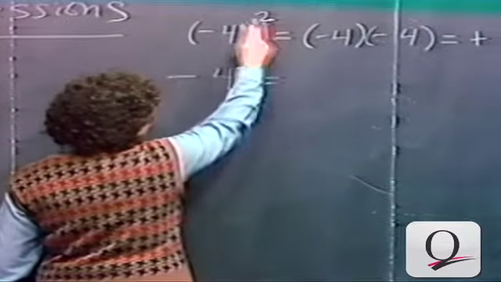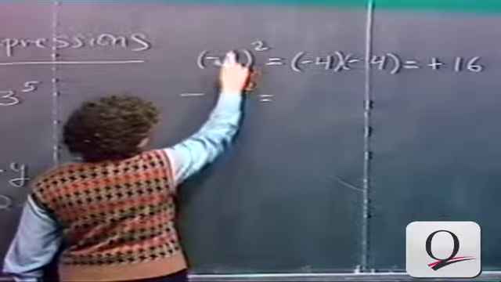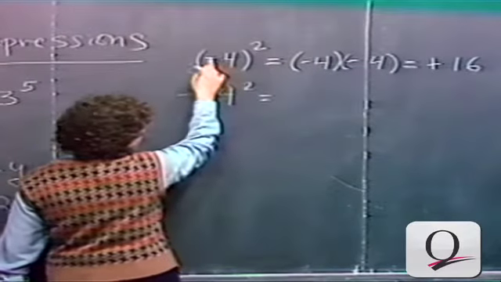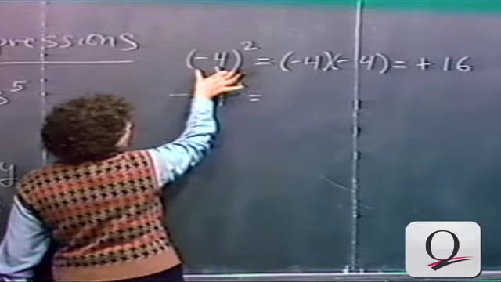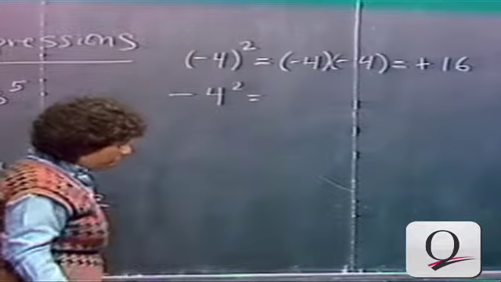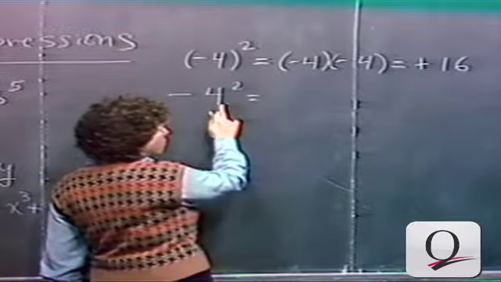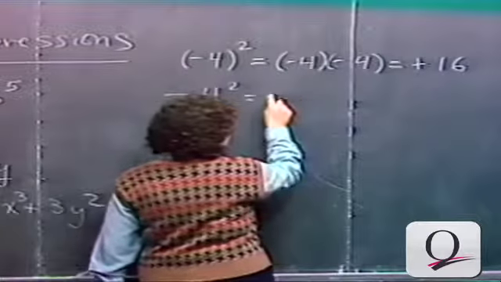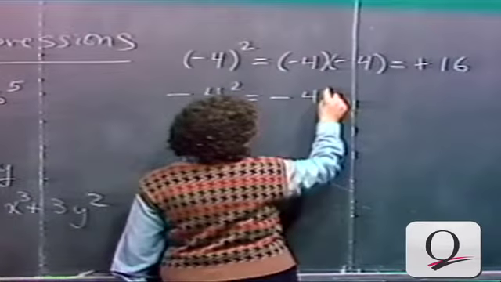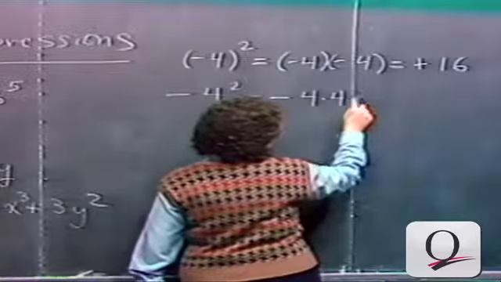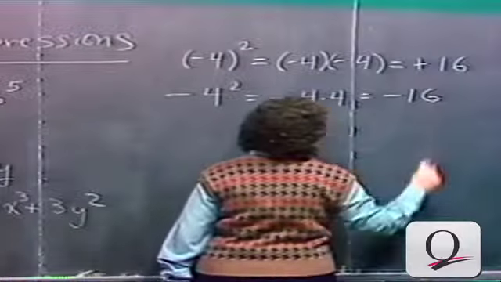So over here, it applied to the minus 4 because the parentheses indicated that we wanted to group the minus and the 4 together, and this was to be raised to the 2nd power. Here, however, only the 4 is being raised to the 2nd power. So it's negative 4 times 4, or negative 16.